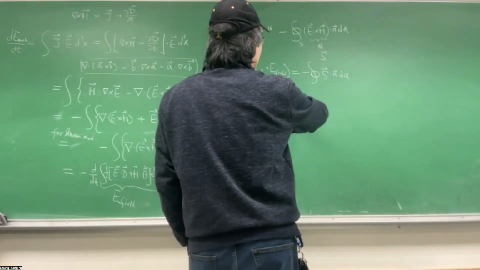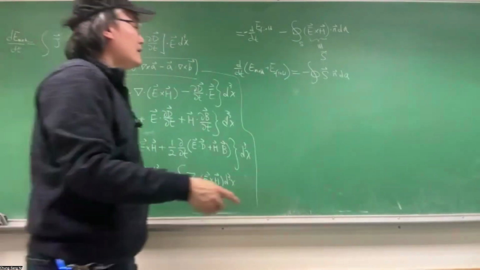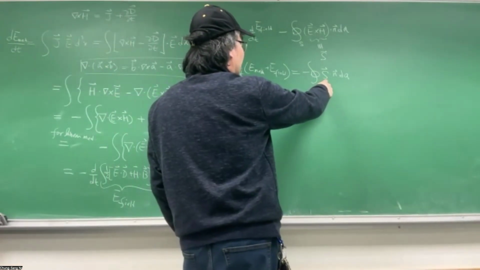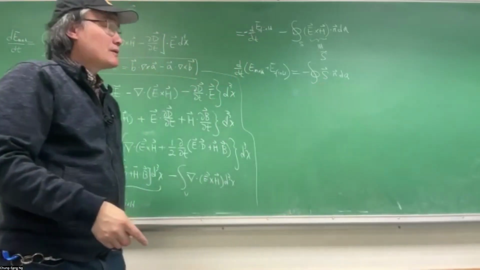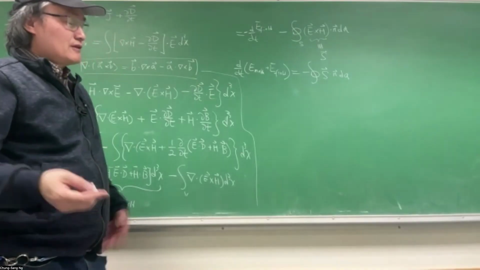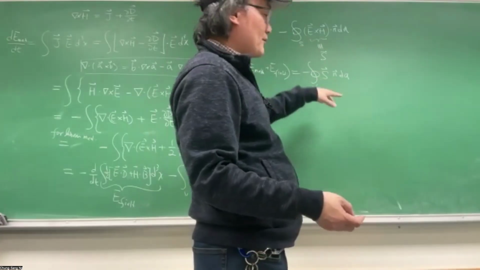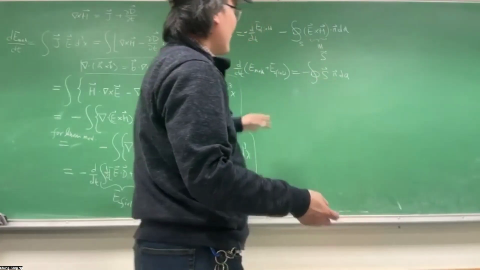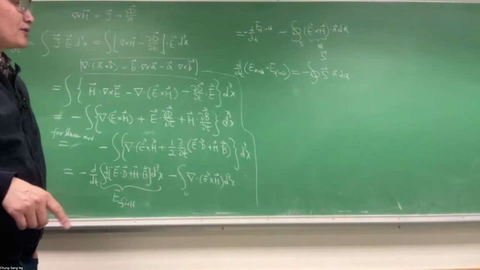Now from this equation, if you interpret that as conservation of energy, then the physical meaning of S is simply the so-called energy flux. If this is B, then this integral will be magnetic flux, and of course, if it is a total closed volume, that flux will be zero for the magnetic field.